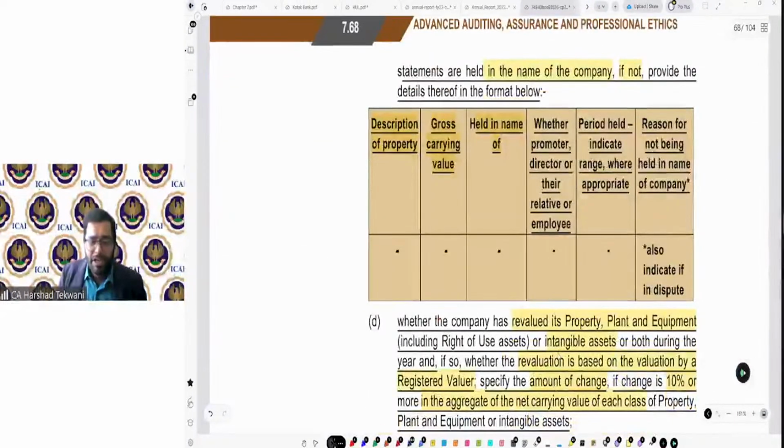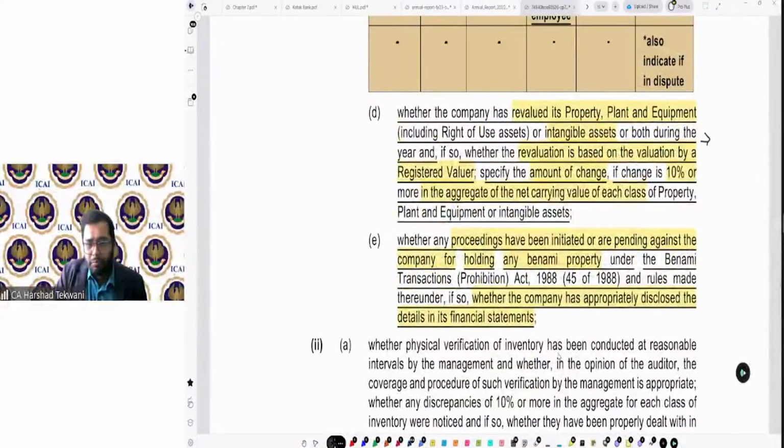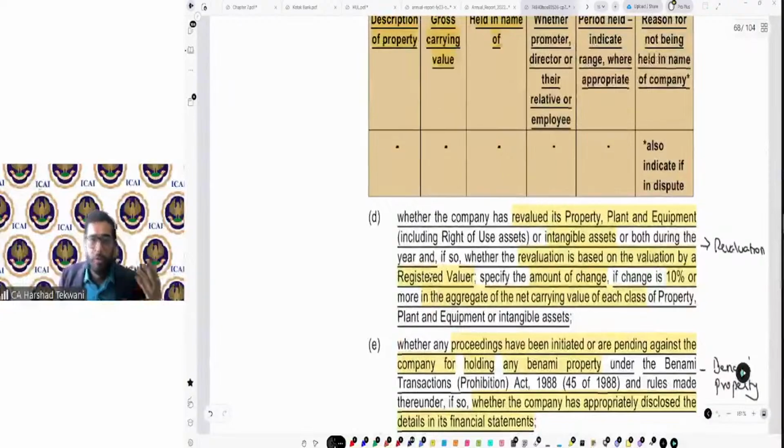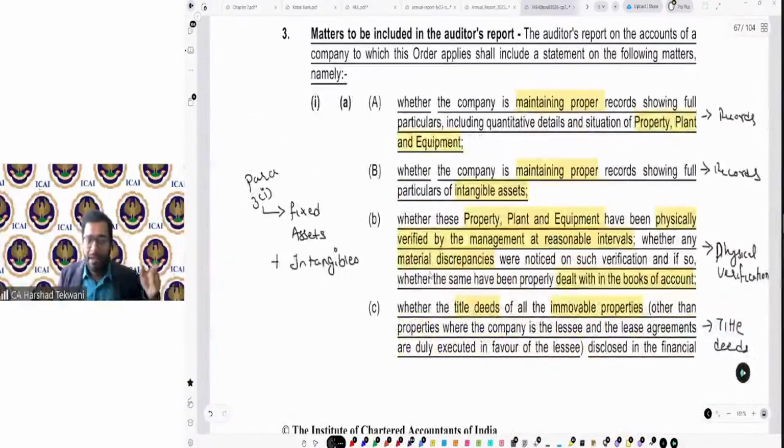Then you have revaluation and Benami property. You can write these short forms, one or two words, near your para to remember what it includes and where it is. Like 3.1 fixed asset. It includes records, physical verification, title deeds, revaluation, and Benami property.